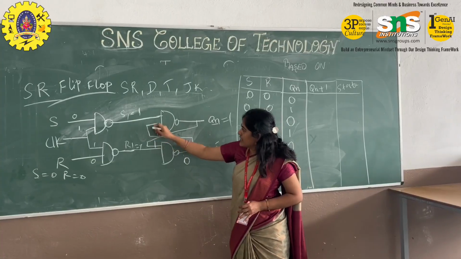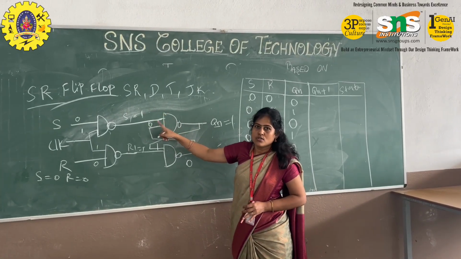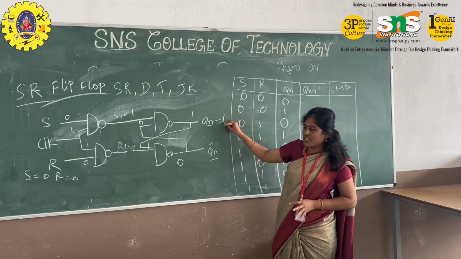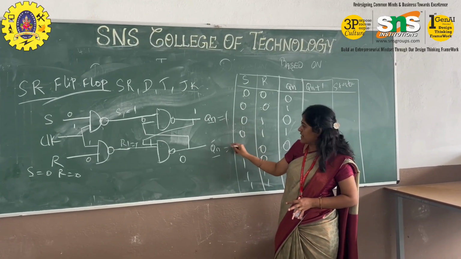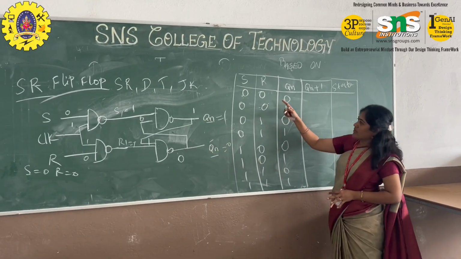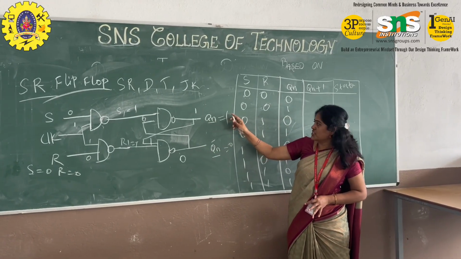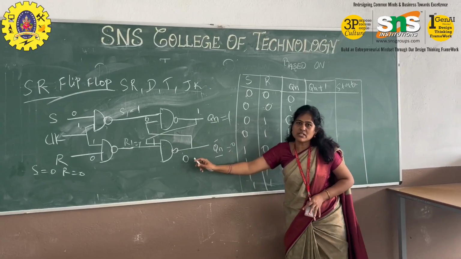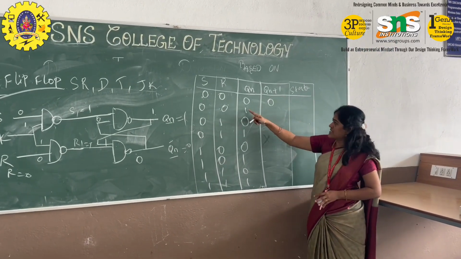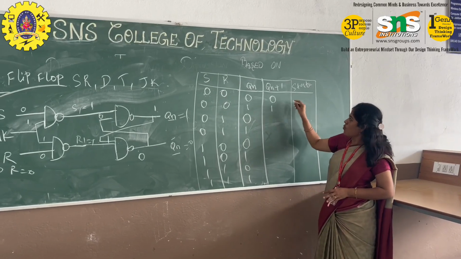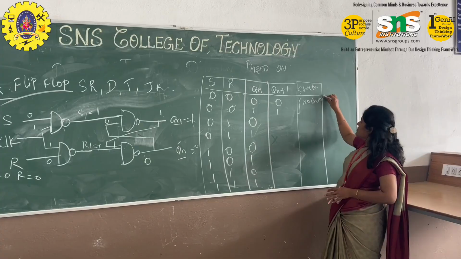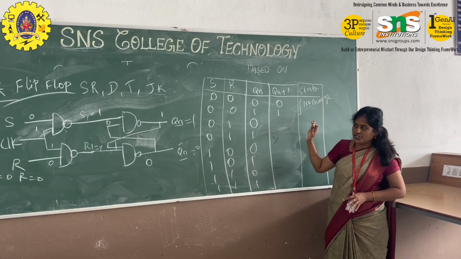Then this 0 is given here, 1 and 0, so the output is 1. Since we initialized 1, Qn bar is automatically 0. We got the output 1 and 0. What does it mean? No change condition. That means 1 stays 1 and 0 stays 0. Present state 0 means next state also 0, present state 1 means next state also 1. So this is called the no change condition.